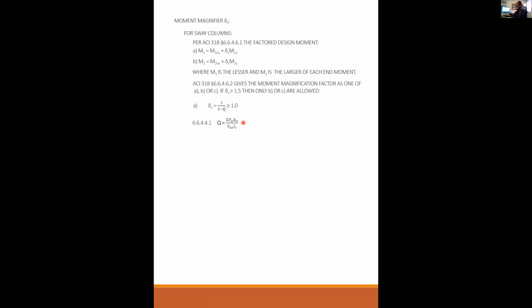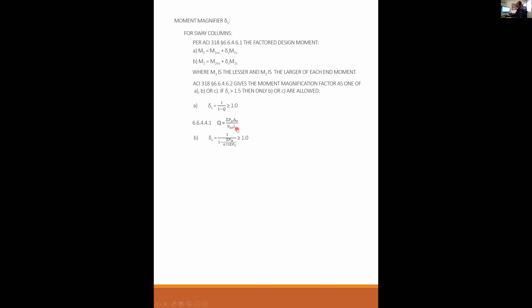Delta naught is the deflection due to the lateral loads. VUS is the VU, that's the factored shear for that whole story. So it's not per column anymore, it's for the whole story. And then LC is the unbraced length of that story.